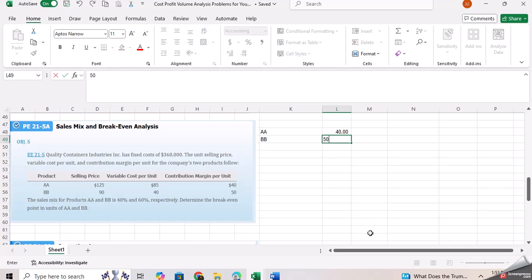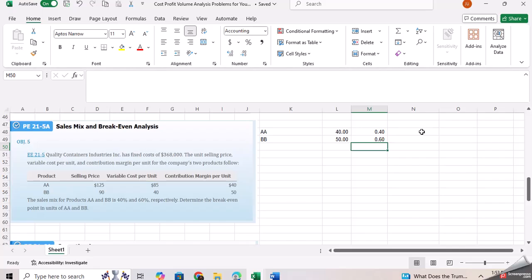The sales mix for products A and B is 40% to AA and then 60% to BB. So determine the break-even point in units for those. I guess for each one of them individually.